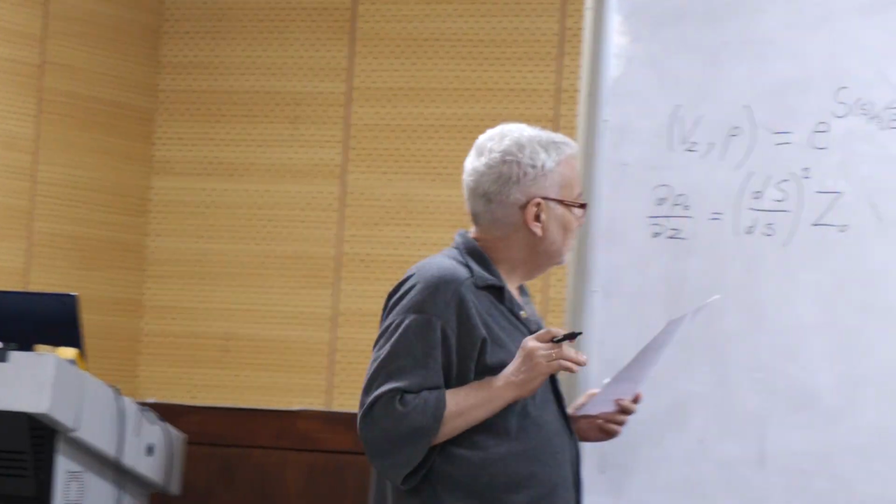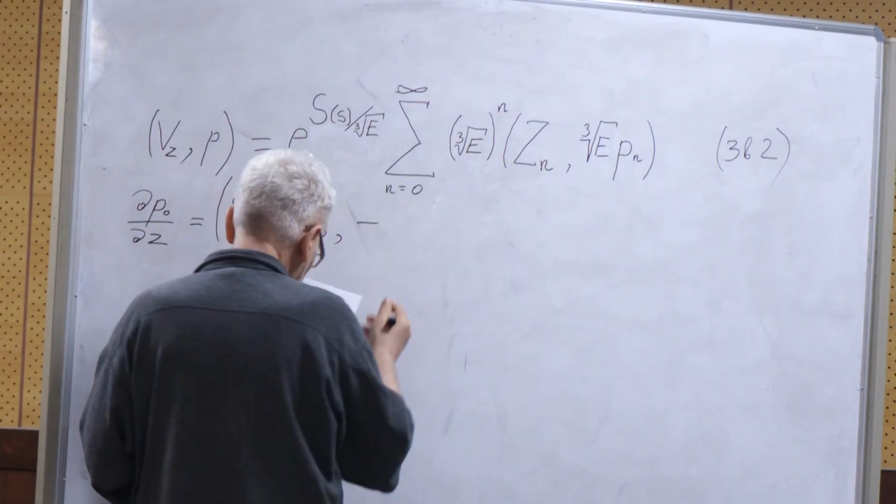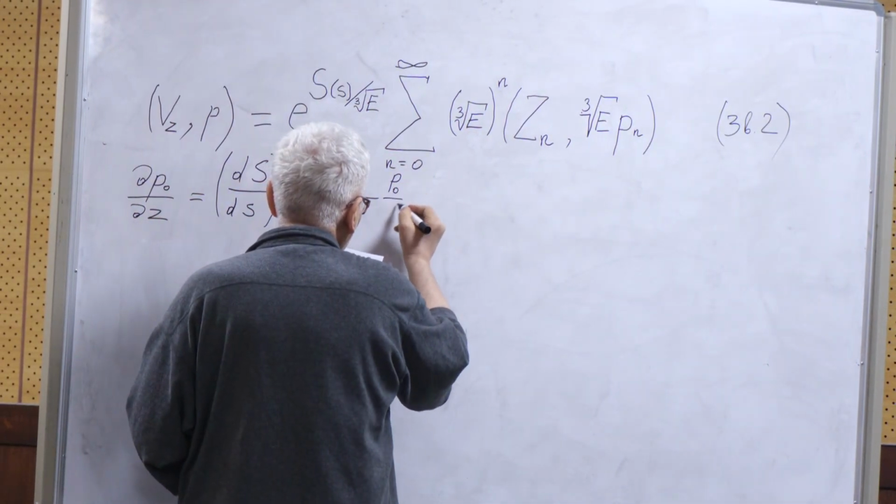Let's write down the second equation. And this second equation looks like P naught over 4.